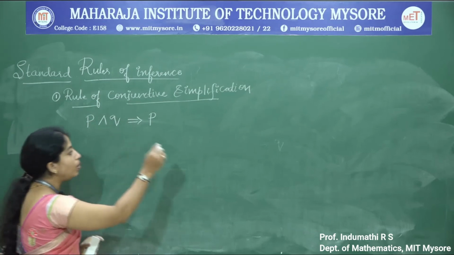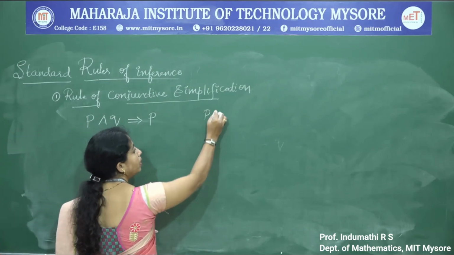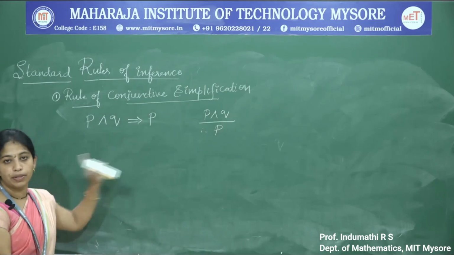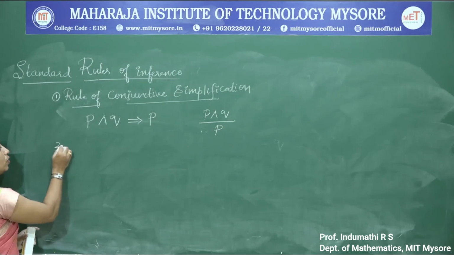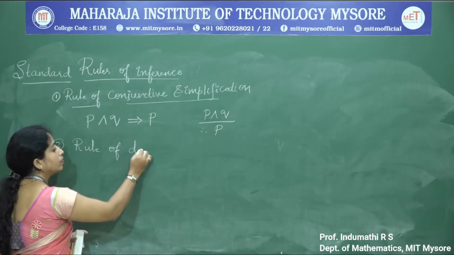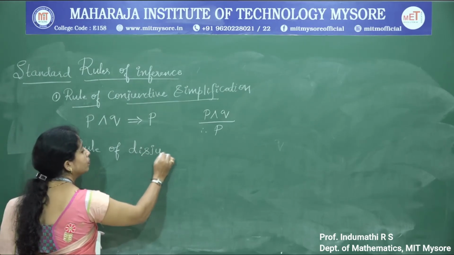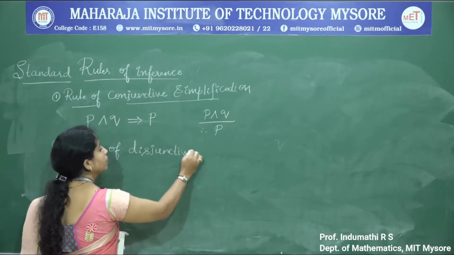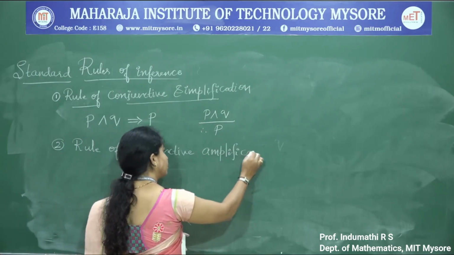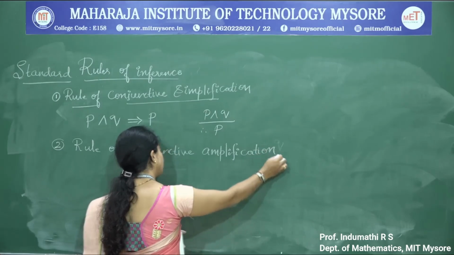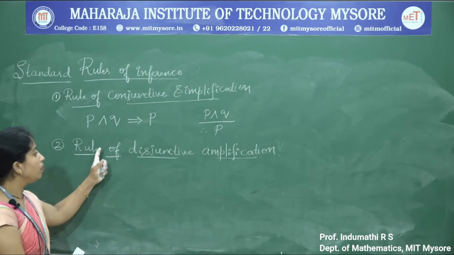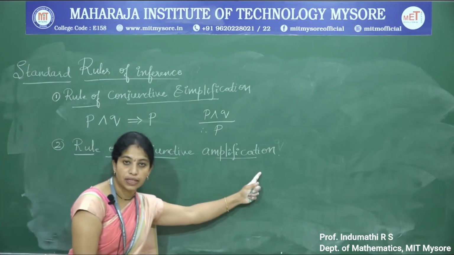We can write this in a tabular form. P conjunction Q is true, therefore P is true. This is the tabular representation. The second rule is rule of disjunctive amplification.